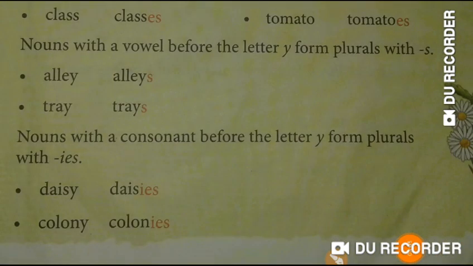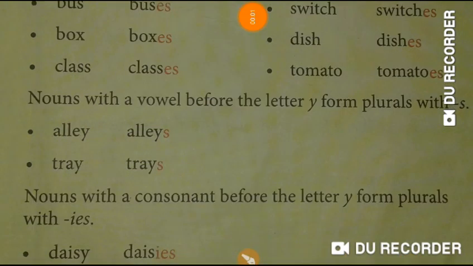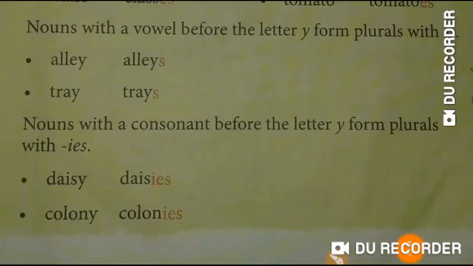If a noun ends with a vowel before the letter y, then we add s to it to form its plural. For example, alley.